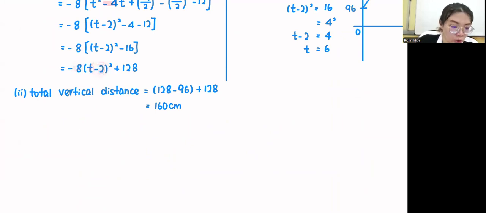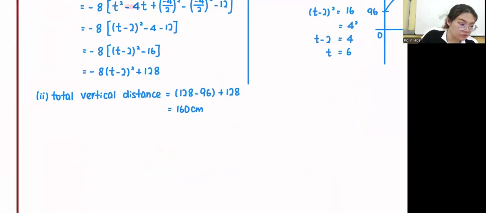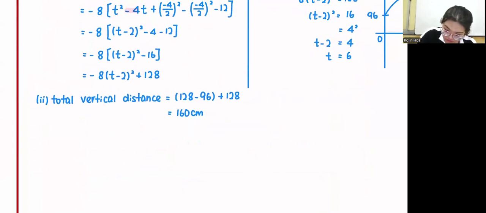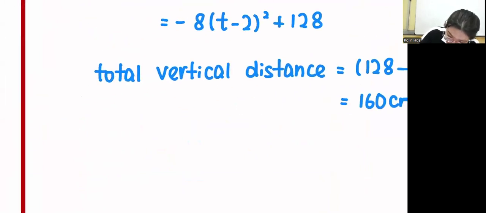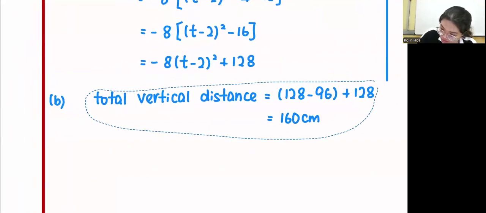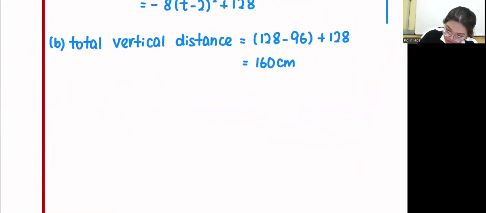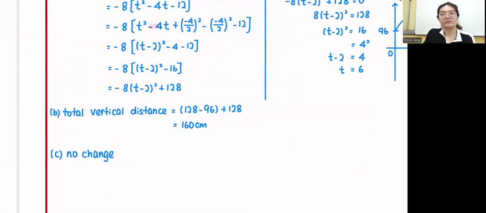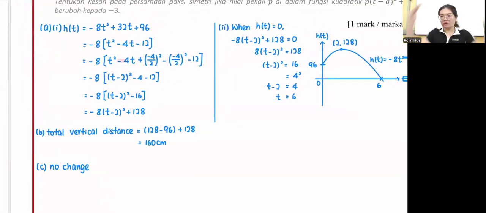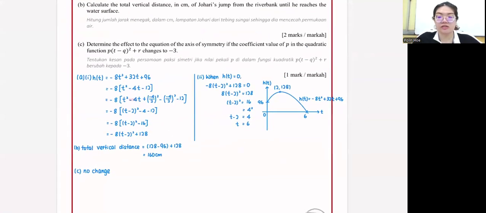The answer is no. So you just write there is no change. It will only affect its width, it becomes fatter or narrower. Okay, so this is our question 5.